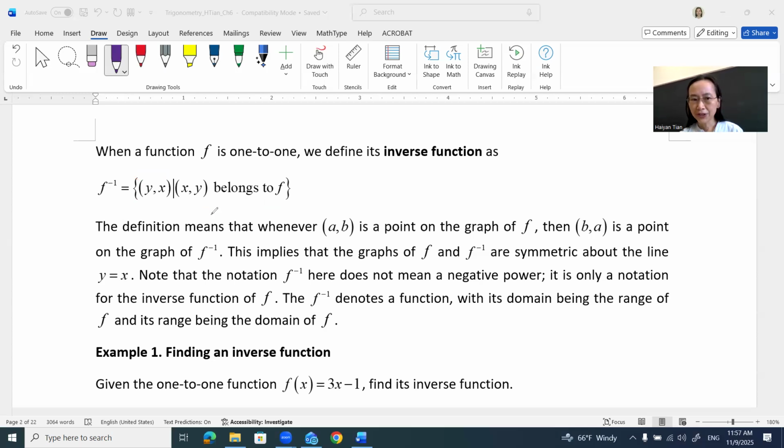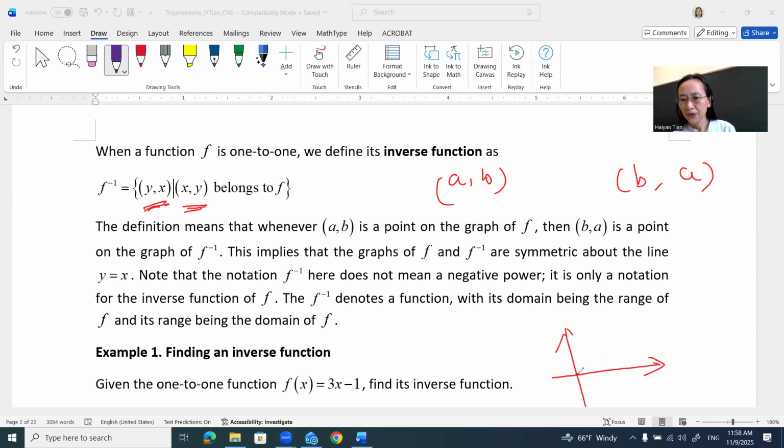So what's the relationship? If we plot those points and compare, we know (x, y) and (y, x) will be symmetric. Just think of any point. If you have a point (a, b) and you plot (b, a), they're symmetric about the line y equals x.